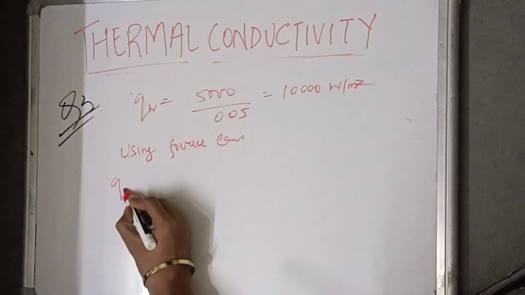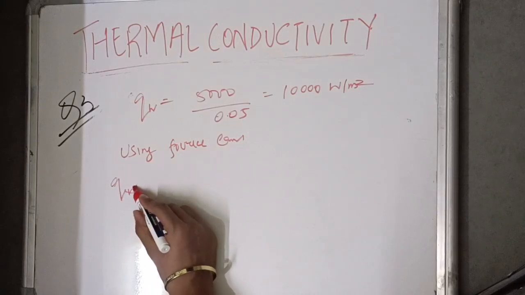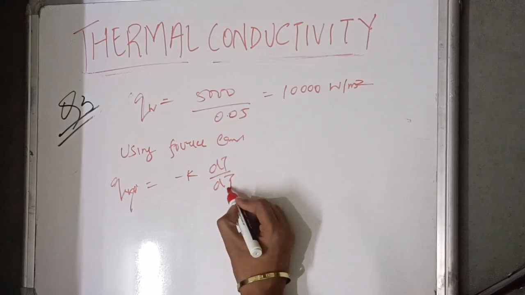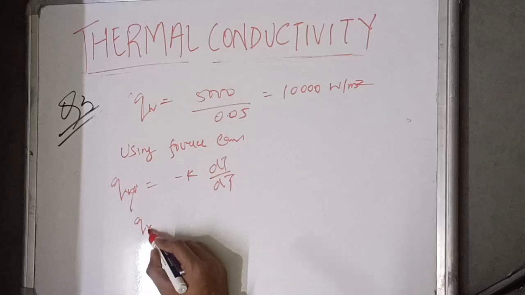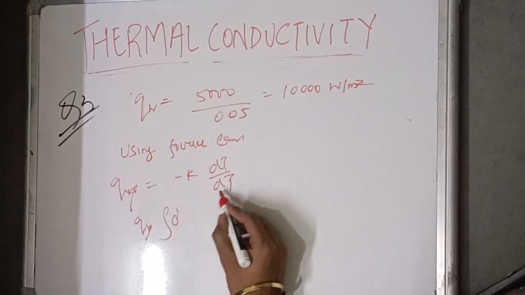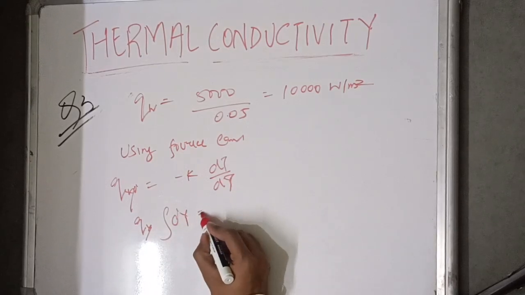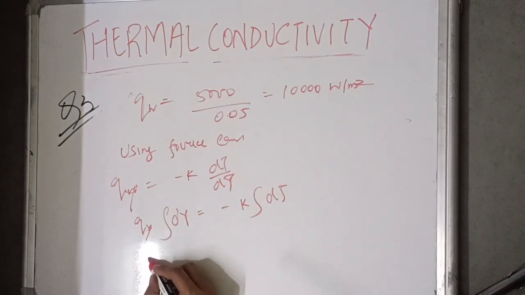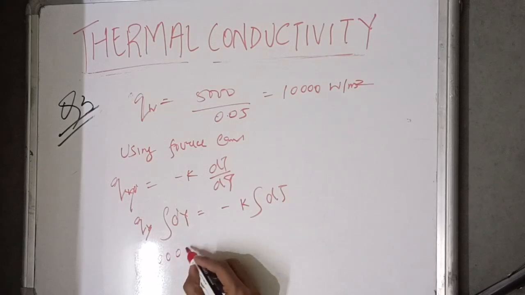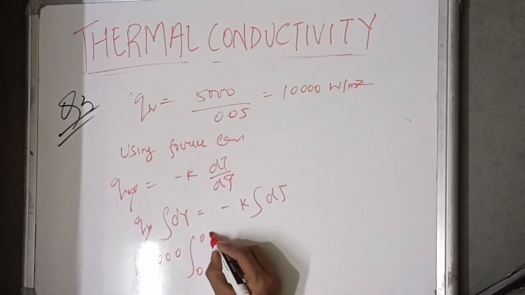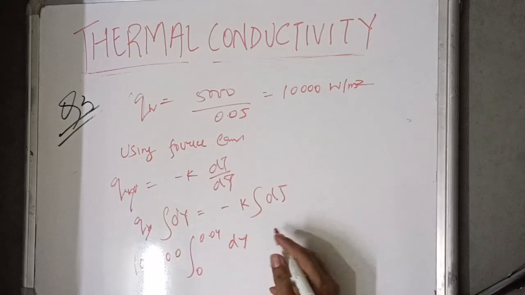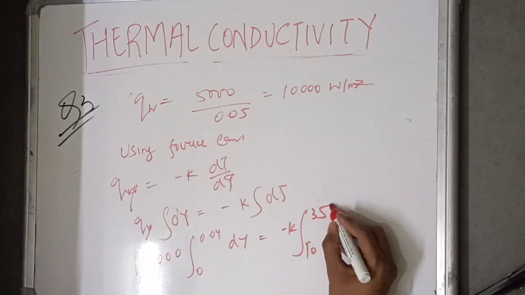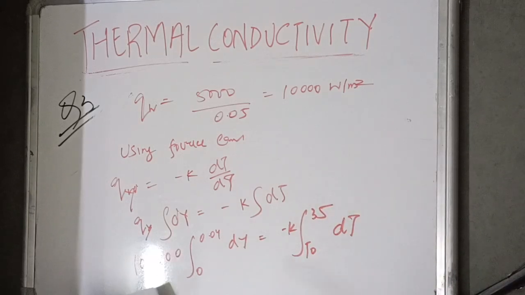using Fourier's law, we know that q equals minus K dT by dy. Integrating, minus K dT, we know the values of q, putting limits from 0 to 0.04. Minus K, we know the other surface temperature.